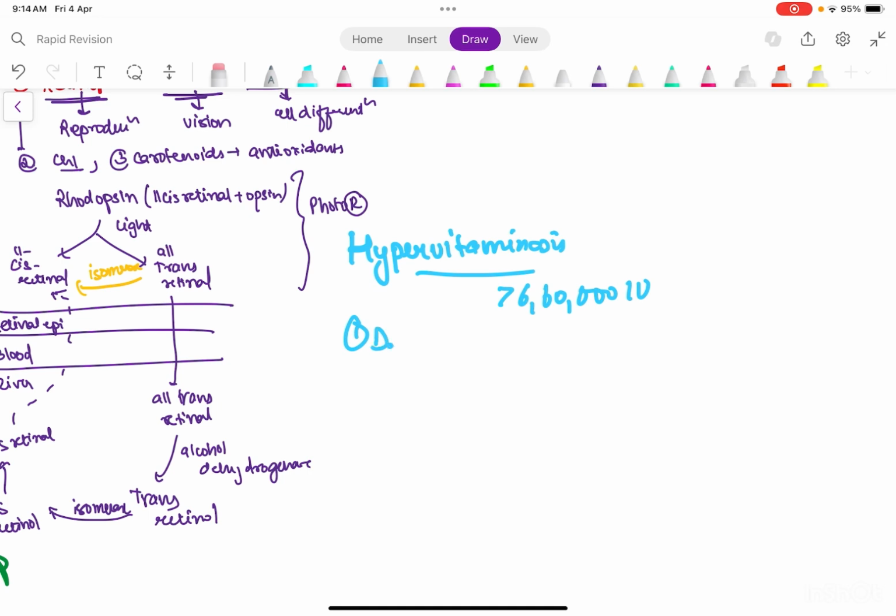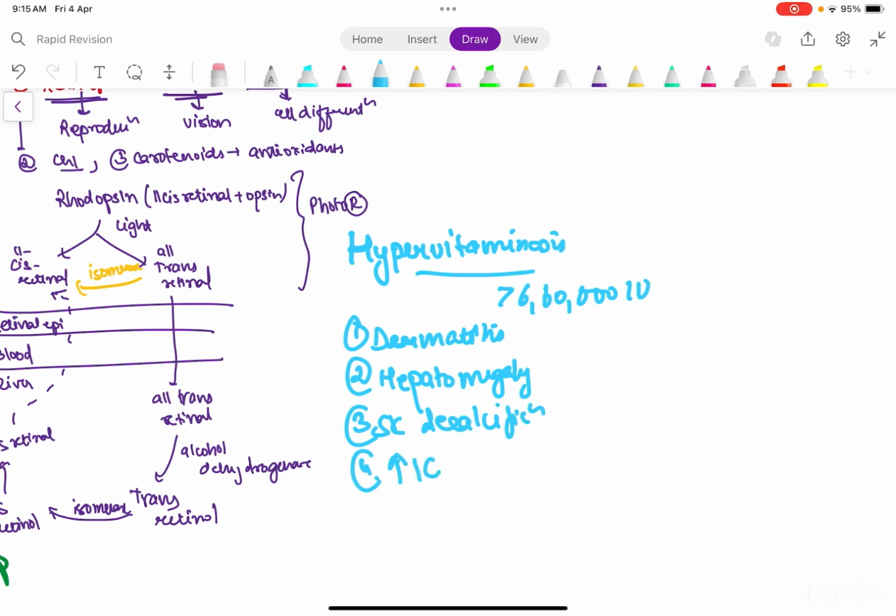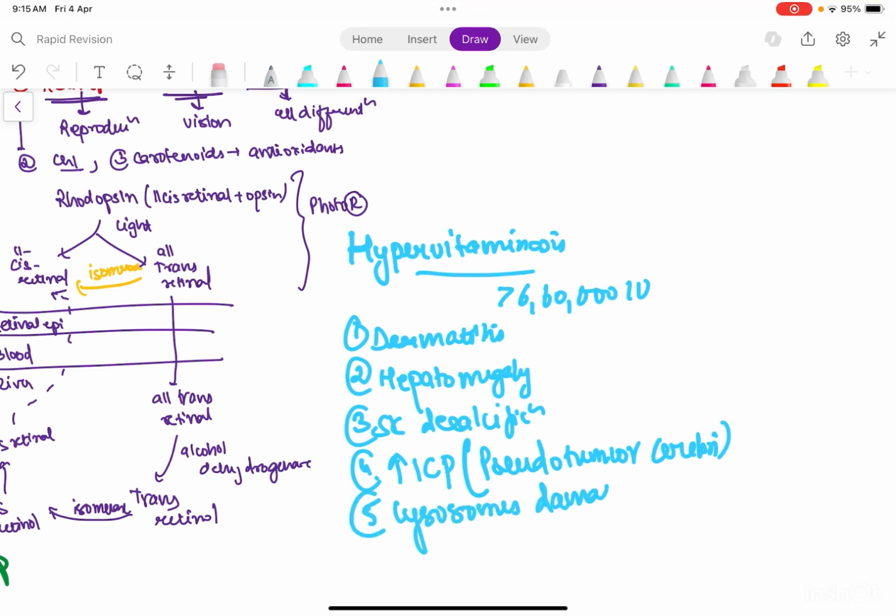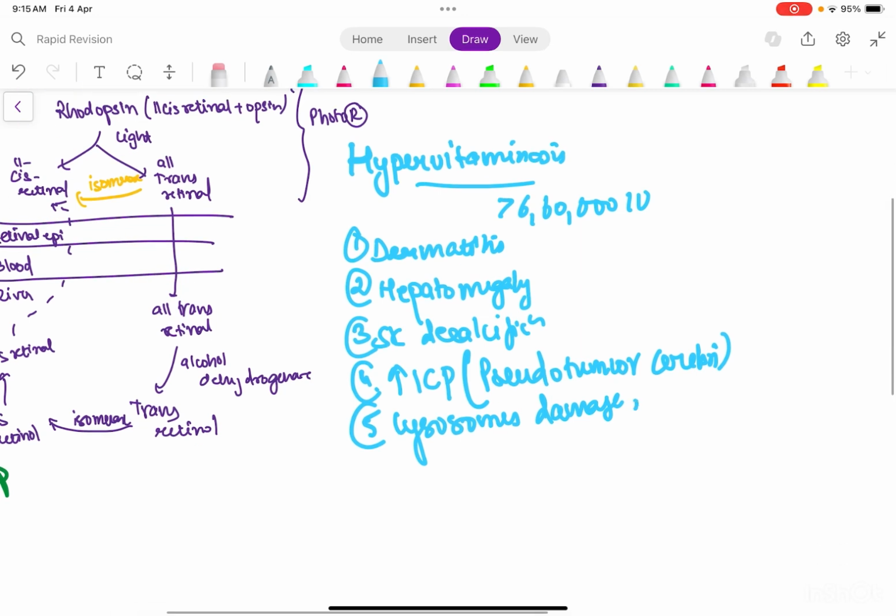Now in this what you will see is dermatitis, hepatomegaly, then skeletal decalcification, then very important increased intracranial pressure, which is also referred to as pseudotumor cerebri. Then lysosomes are damaged, and so on.